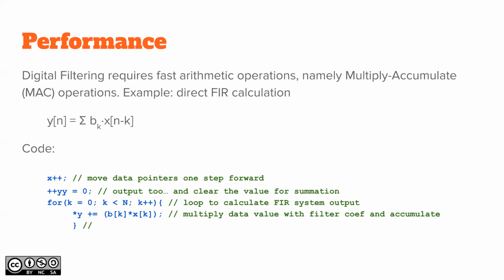Basically you just calculate the value of the output based on the input and the weighted input, and the weighting parameters are the impulse response values. In code, it could look like that.